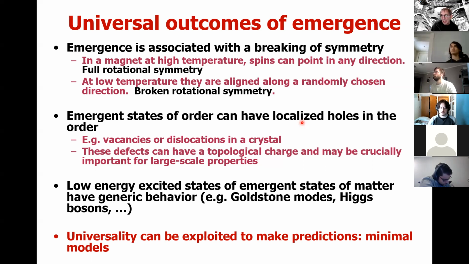So that would be called a vacancy, and that is a kind of defect. But you can have other kinds of defects that have a topology associated with them, a topological charge. And an example of that in a crystal would be a dislocation, a screw dislocation, for example, or an edge dislocation. And we'll talk a little bit about that.